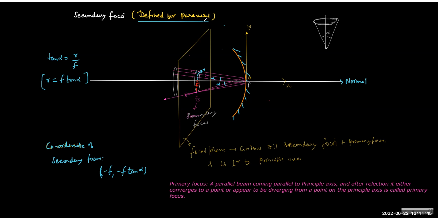Given a radius of curvature of, let's say, 100 or 50 centimeters, a 3 millimeter object is okay. That's totally on the axis. Even though it's 3 millimeters, we can assume it is completely on the axis, and because of such an assumption, the formula gives a result close to reality. The deviation from reality will not be much. But if you look at Indian authors, their values don't make sense actually.